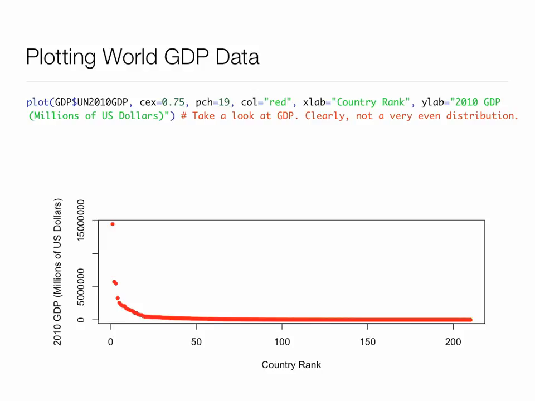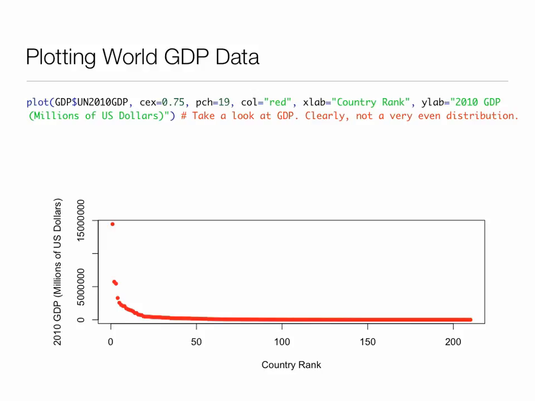Now, just about everything in this plot command should be familiar to you. CEX equals 0.75 just shrinks the points a little bit. Normal value is 1. PCH equals 19 changes it from a circle to a filled-in dot. Color equals red makes the color red, and then you have the X labels and the Y labels, right?